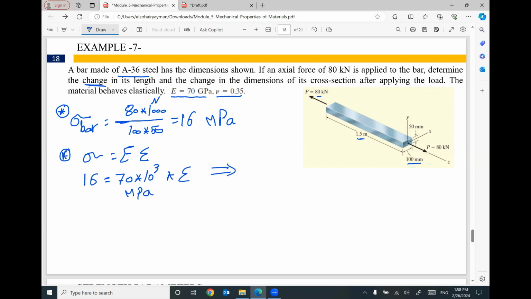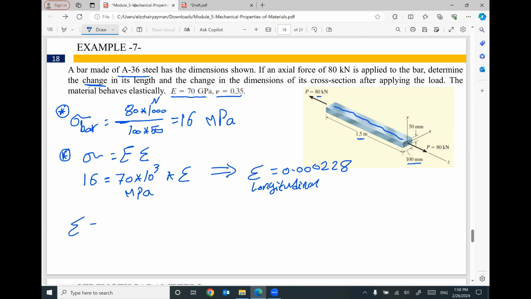So from Hooke's law, I can figure out the expected strain in this bar, equal 0.00228. Keep in your mind, this is the longitudinal strain in the same direction of the applied force.